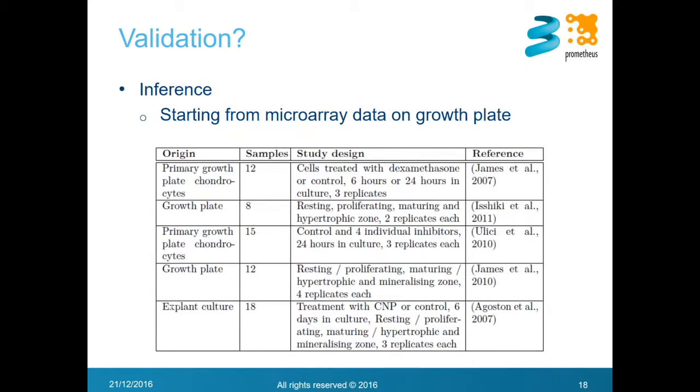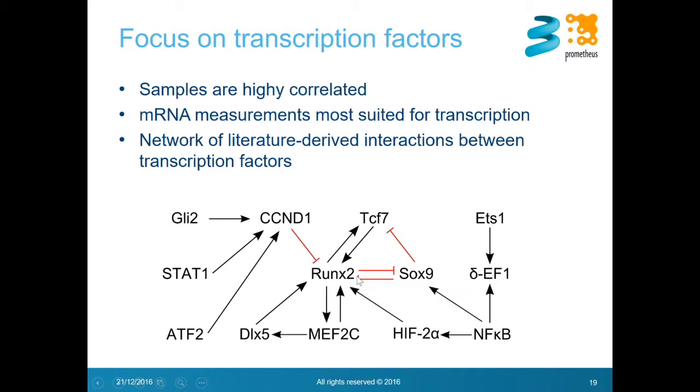Now, how do you validate something like this? We used microarray data on growth plates that was available in the literature. And you can see here a list of all the different microarrays that we found. And then we tried to infer the network from that data.